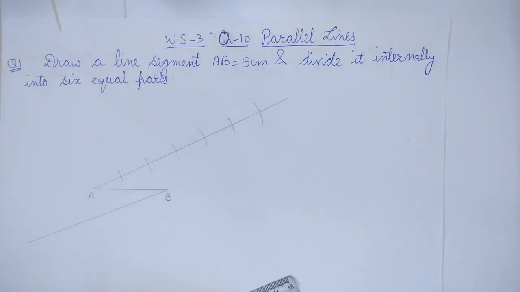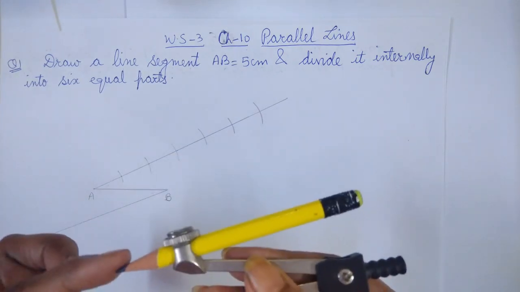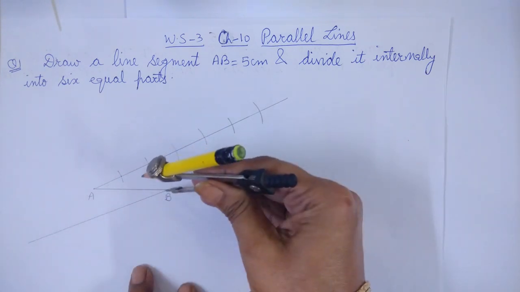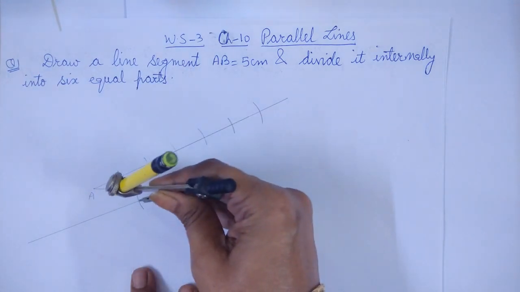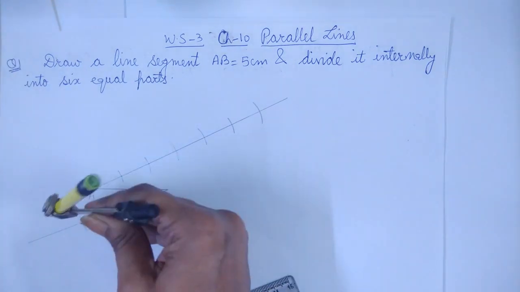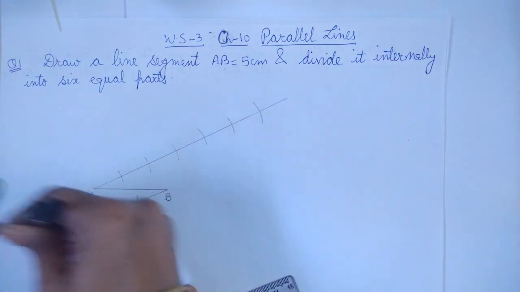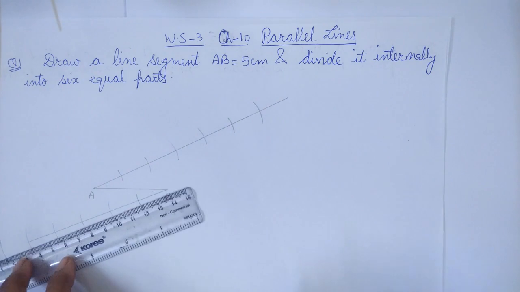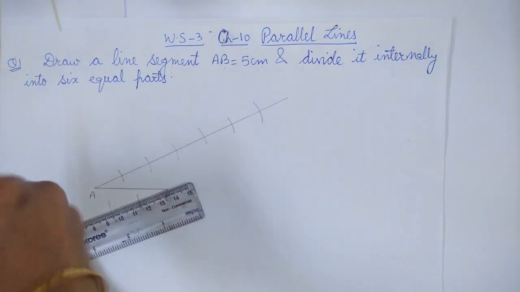And if it does not complete over here, then extend this acute line like this. Same way, from the point B also with the same measurement, you will not change this measurement, you will draw again 6 equal parts like this. 1, 2, 3, 4, 5 and 6. As I have told, if it does not complete over here, then extend that line.